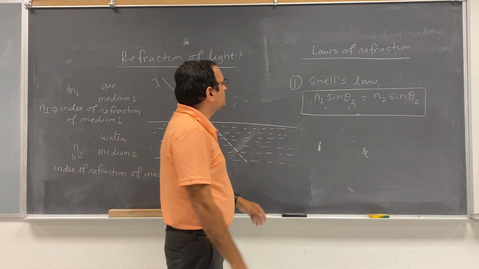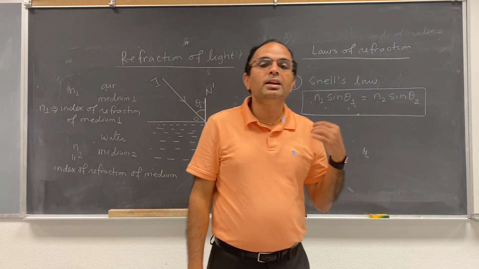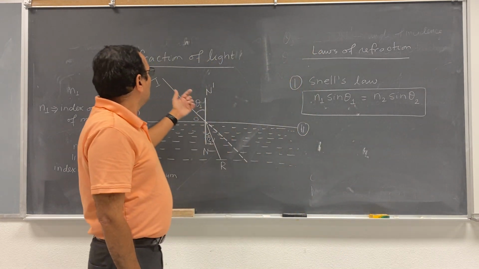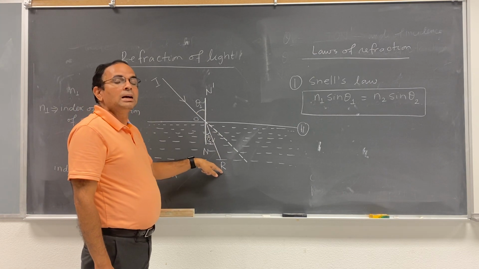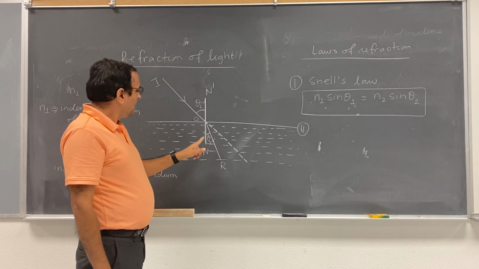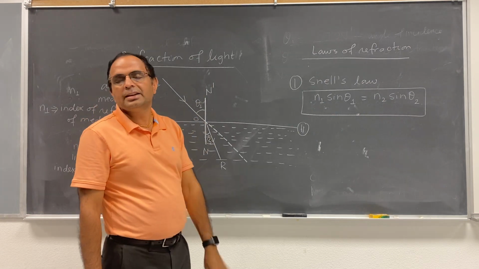First one. The second one is similar to the law of reflection. So the incident ray IO, the refracted ray OR, and the normal NON prime all lie on the same plane.